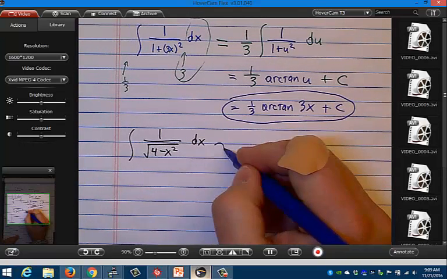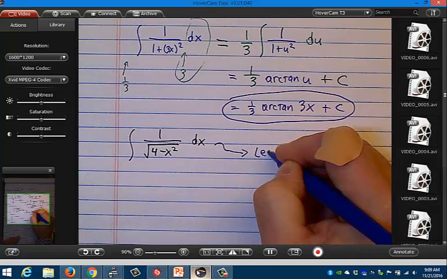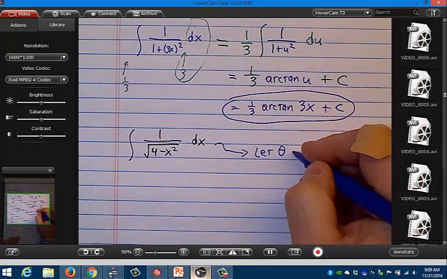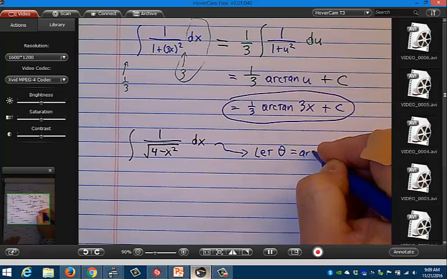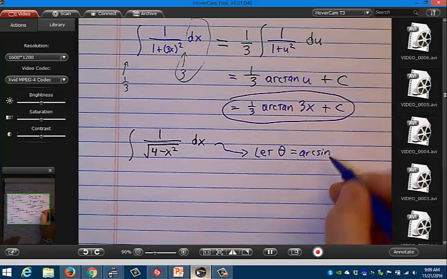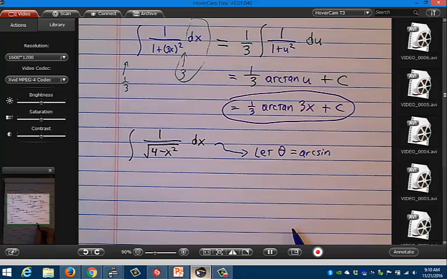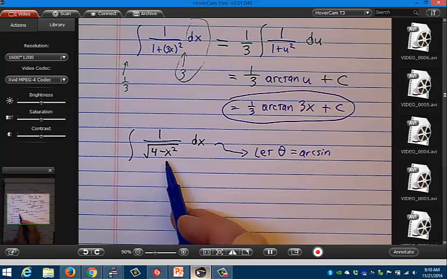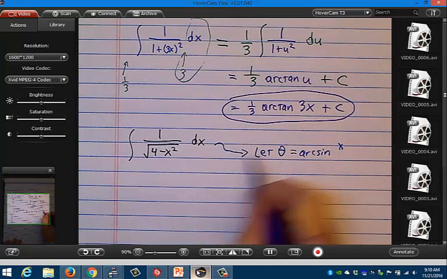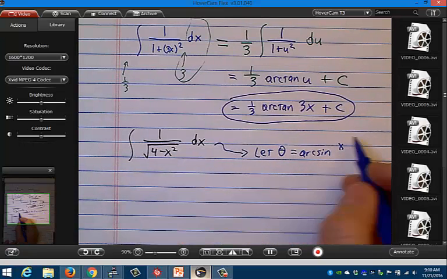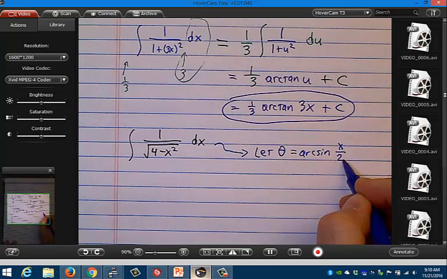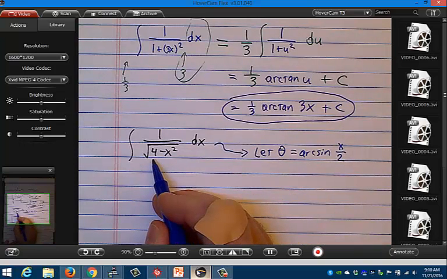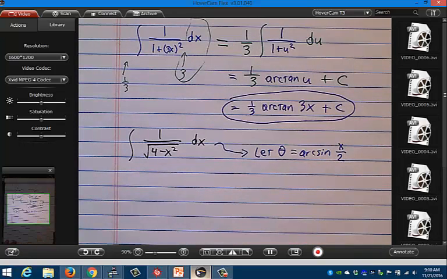So watch what I'm going to do. Here's the technique at work. I'm going to let theta equal the arcsine. And here's what you have to do, though. You have to let it be x, which is this thing being squared, divided by 2, because that's what this is being squared. x over 2.